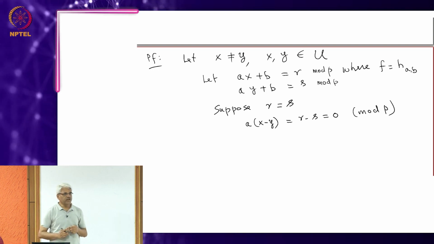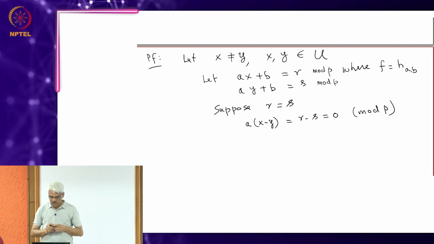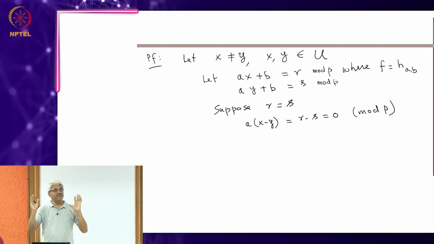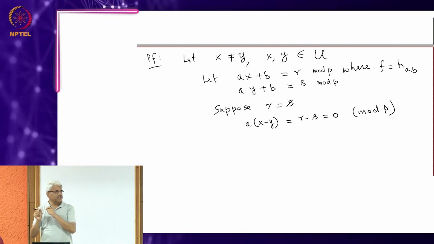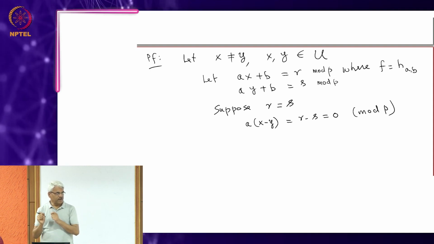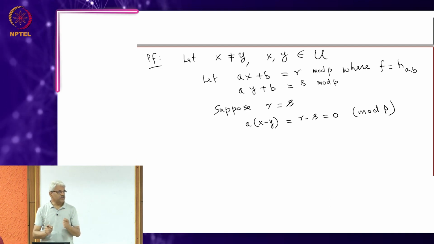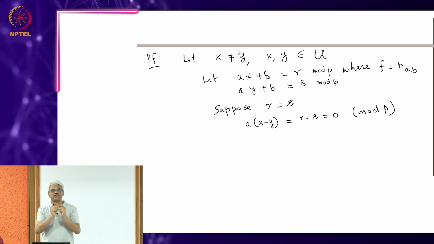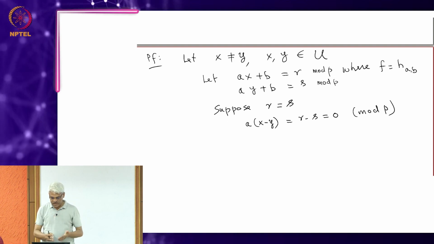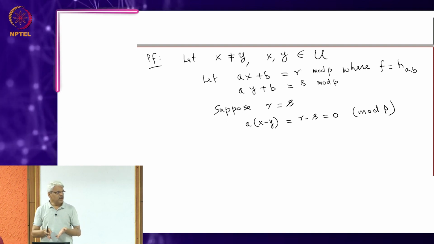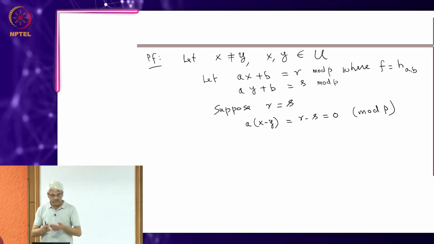So, what can you conclude from here? 0 to p minus 1 is a field. I have a product of two numbers which give me 0 in a field. So, either a has to be 0 or x has to be equal to y. This is where I use the fact that p is a prime. In a field there are no zero divisors. So, a has to be 0 or x has to be equal to y, but we know a is not 0 and we know x is not equal to y. So, this is not possible.